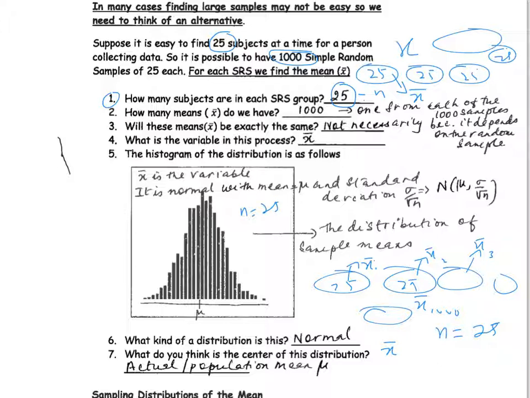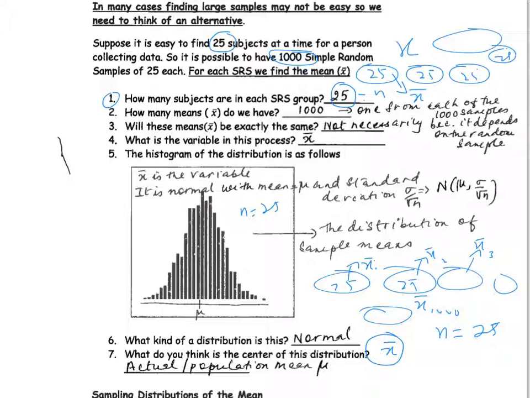Once we've collected all the data, we have 1000 means from 1000 different samples. So our new variable is x bar.